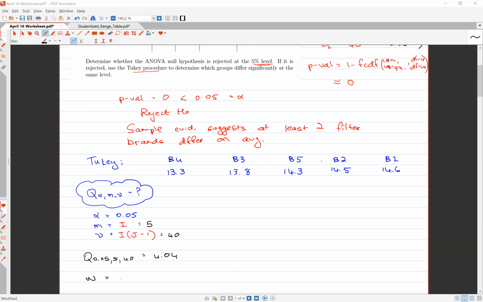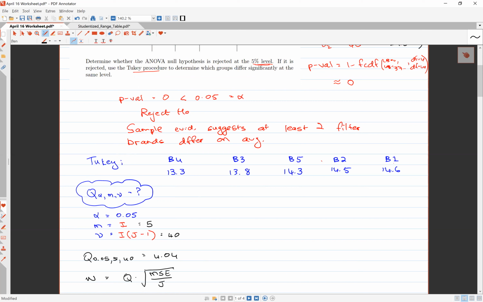So our formula for W, which is the width of the confidence interval, is given by the Q value times the square root of mean square error over J. And just in case you didn't watch yesterday's video, the reason I'm talking about a confidence interval here is underlying this whole Tukey procedure is the idea of constructing pairwise confidence intervals for each possible pair of means that we can construct.